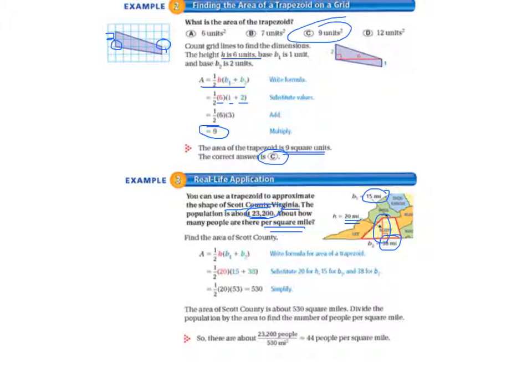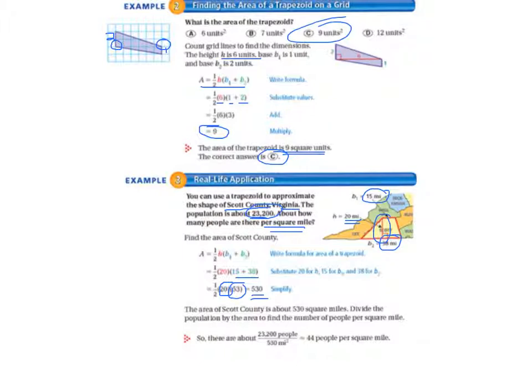And we substitute in our values. 15 plus 38 equals 53. And then you multiply that by 20 and by 1/2. And that equals 530.